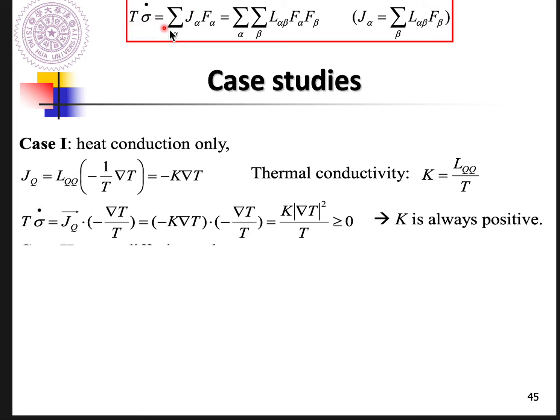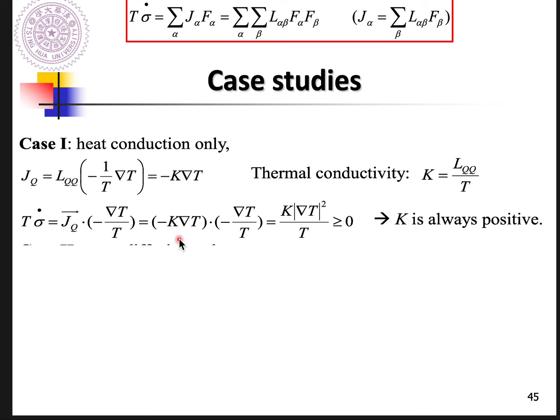Based on this equation, because there's only one driving force, we can directly and simply multiply J capital Q and F capital Q together. So this is J capital Q, this is F capital Q. Then we can get the entropy production rate. So what's the J capital Q?